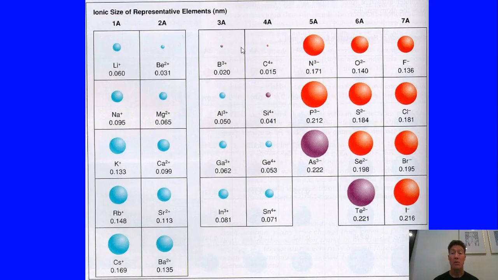But these are cations, and then these are going to be bigger, right? Because they're anions. These are going to be cut in half, and then from that point get smaller. These are going to double, and then from that point they're going to get smaller. So it's just like the atomic size, except you have a reset here as you get to the anions. They're going to start bigger and then follow the general trend of getting smaller as we go across the period.